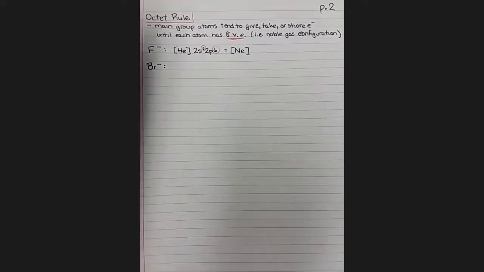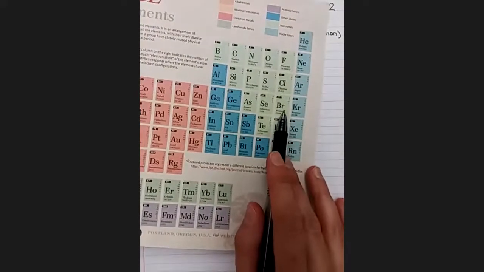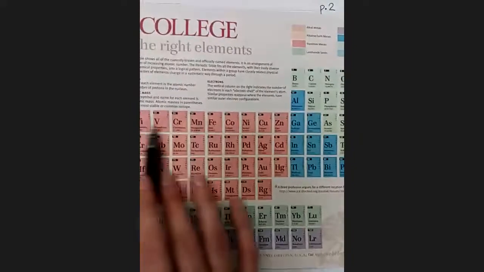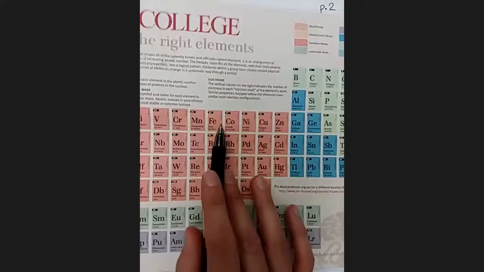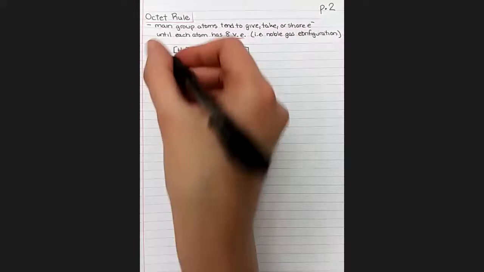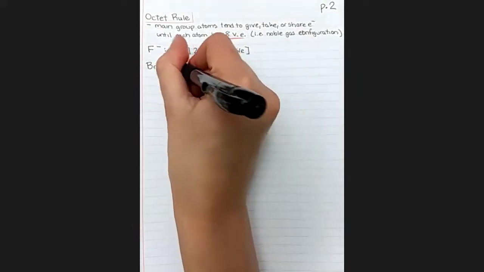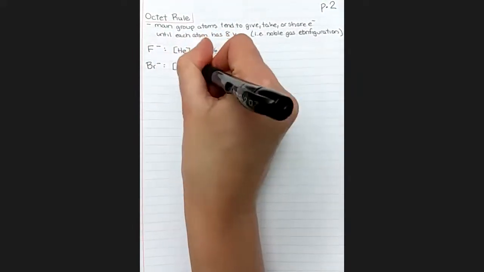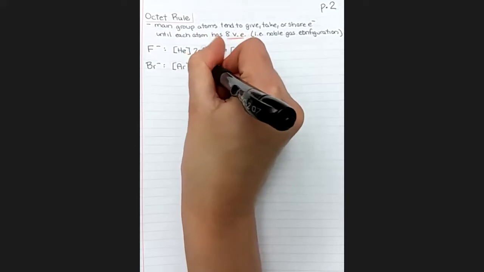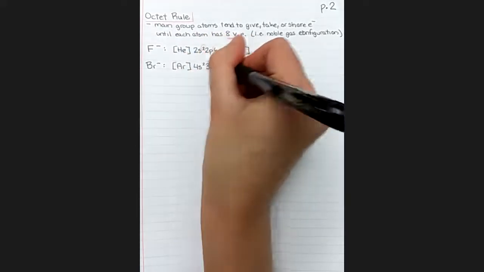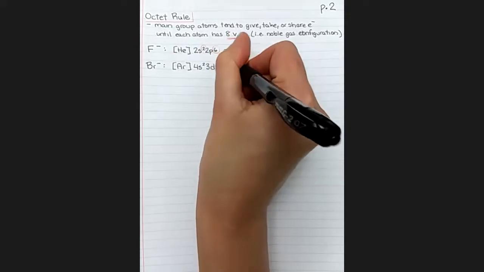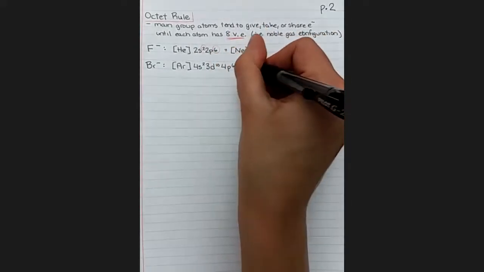Bromine is a little bit larger. It's way down here in the 4th period, and so its 3d orbital, the first d orbital, is also filled for this guy. So its configuration looks like argon, 4s2, 3d10, 4p6, which is the same as krypton.